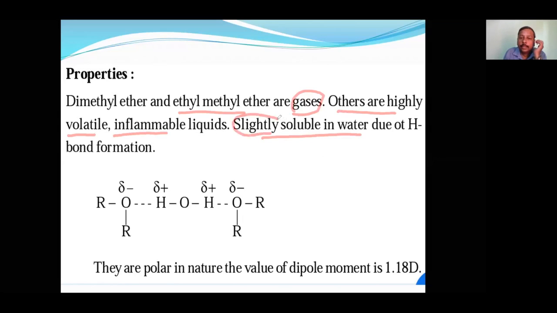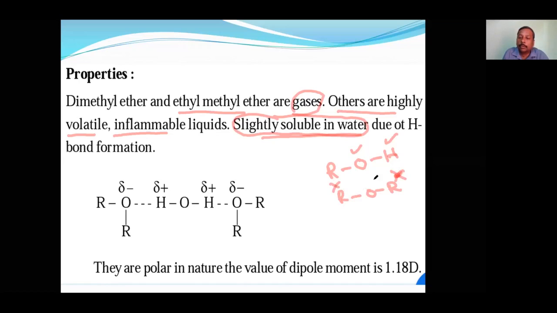Definitely there will be a reasoning question, especially for NEET and state board engineering examinations like MHT CET, KCET and TS EAMCET. They will ask why ethers are less soluble in water. Because they cannot form intermolecular hydrogen bonding among themselves. Suppose this is an alcohol, this can form hydrogen bonds at both places. But if it is an ether, only the oxygen can form; this cannot form.